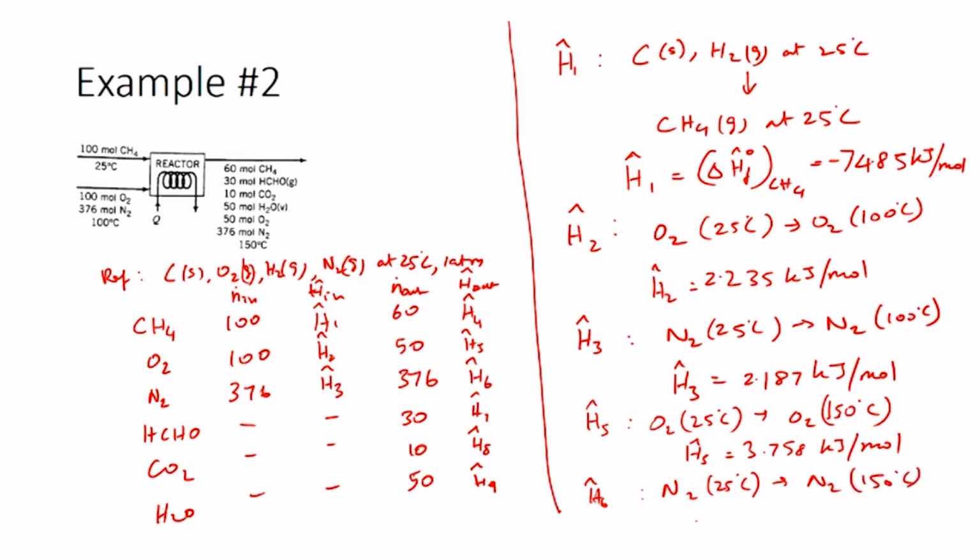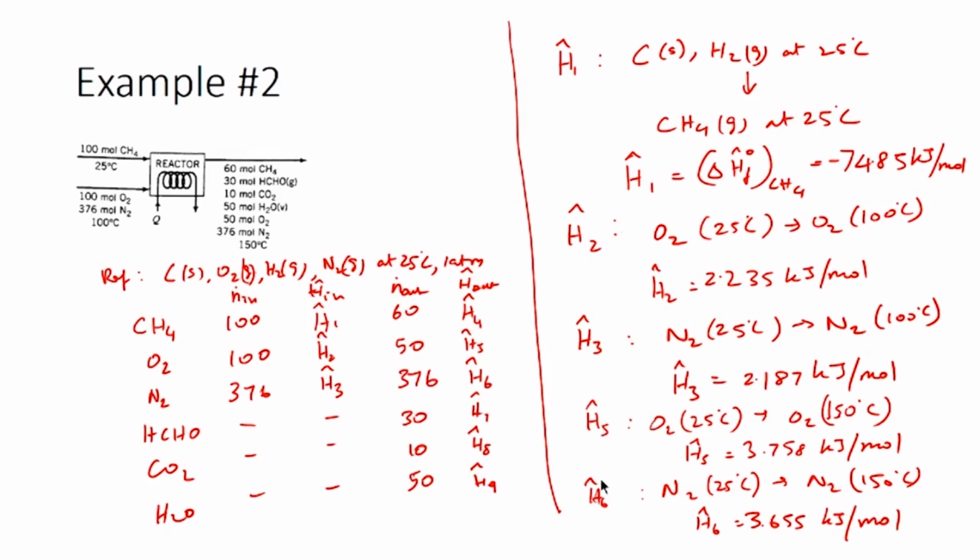This would be H6 cap equal to 3.655 kilojoules per mole. So, the values H2 cap, H3 cap, H5 cap and H6 cap can actually be obtained from the specific enthalpy table for combustion gases.